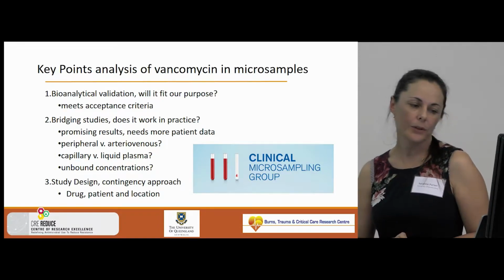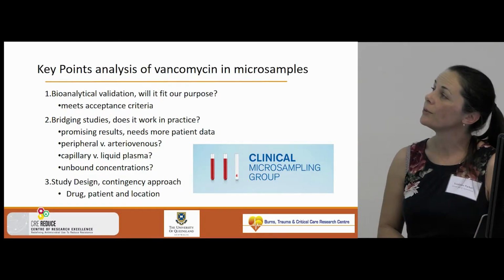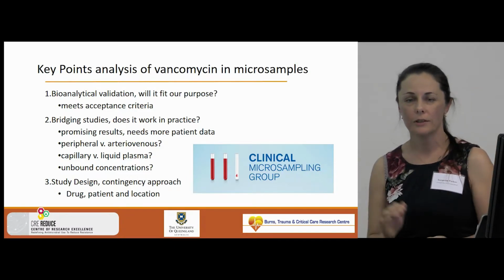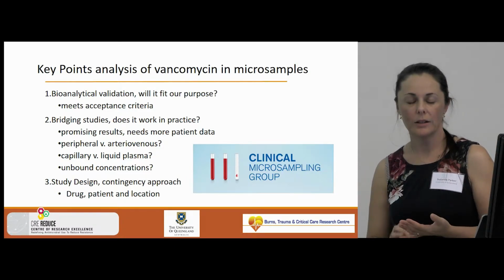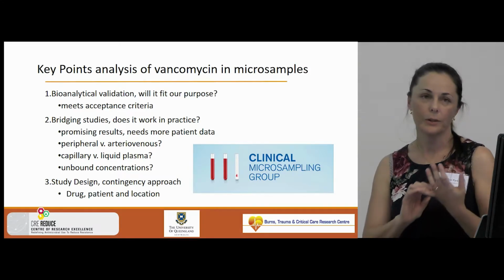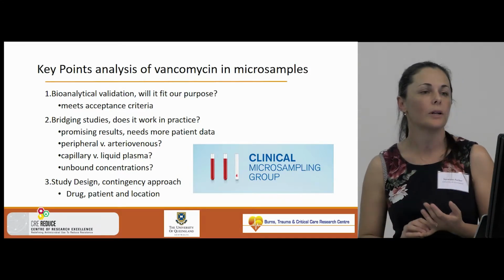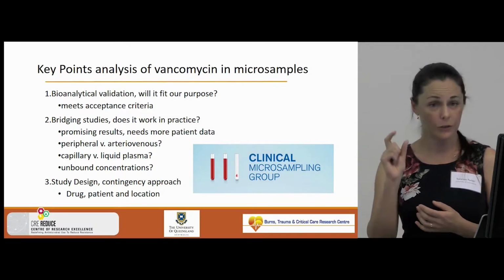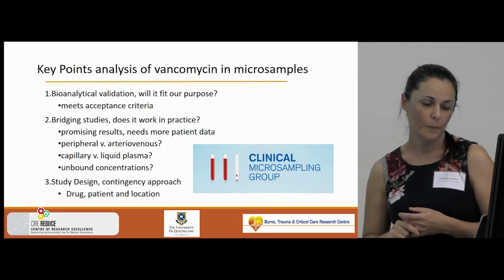So the key points of where we are so far is our bioanalytical validation meets our acceptance criteria, that is for vancomycin in liquid plasma, which we can do down to 10 microliters, which means we can do it from a capillary sample.